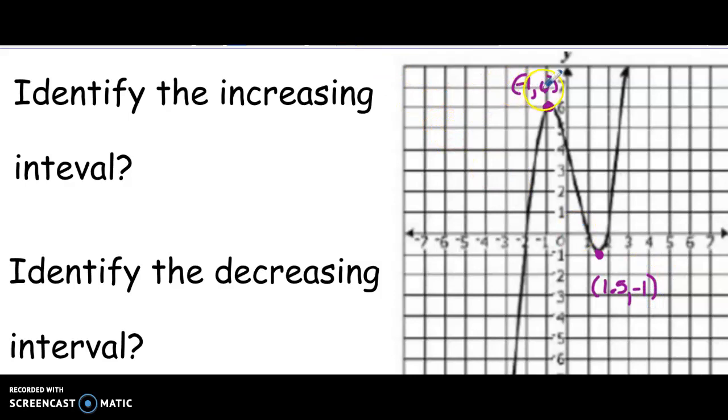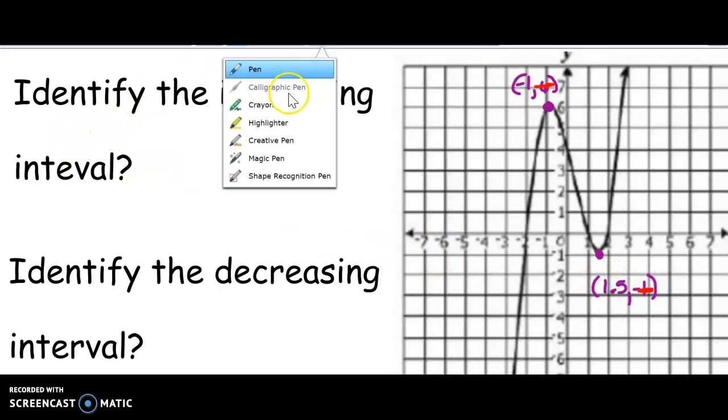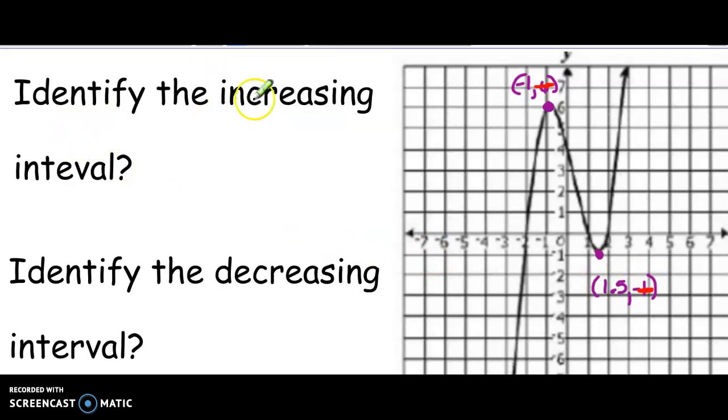Again, remember, we don't really care about the y values. When we talk about increasing and decreasing intervals, we're only talking about the x values, how it moves left and right. So my increasing part is from as far left as I can start until I get to -1. Then it decreases from -1 to +1.5, and then it turns and increases again.